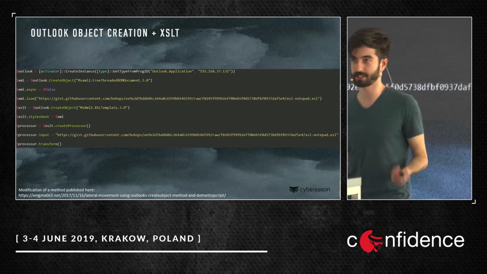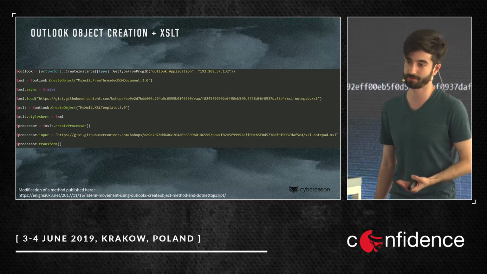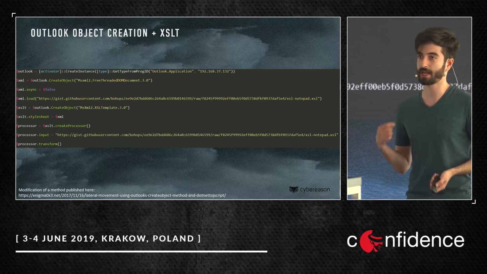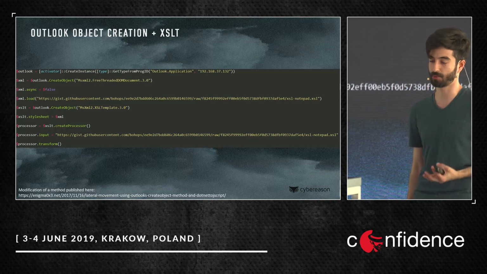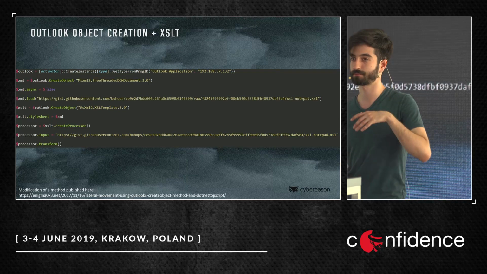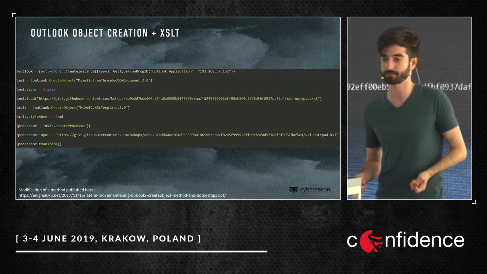Another way to run XSLs is by modifying a lateral movement method by Matt Nelson of SpecterOps, using the Outlook COM object. Outlook actually allows you to create almost arbitrary COM objects using the CreateObject function.